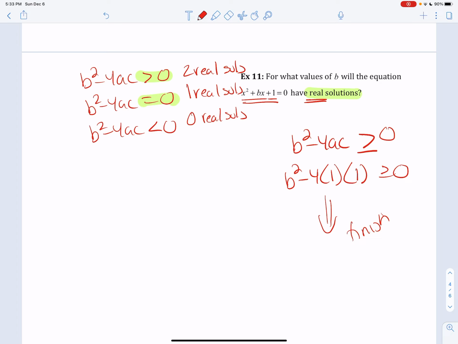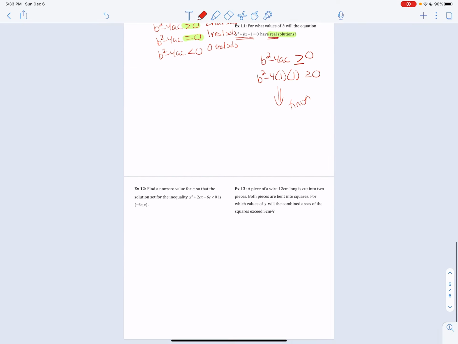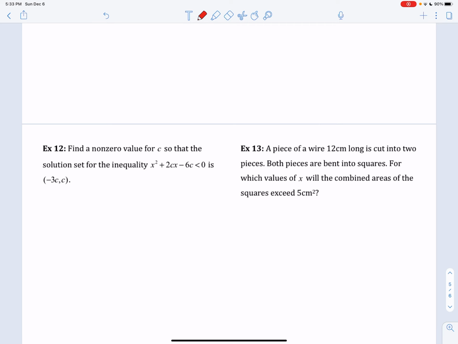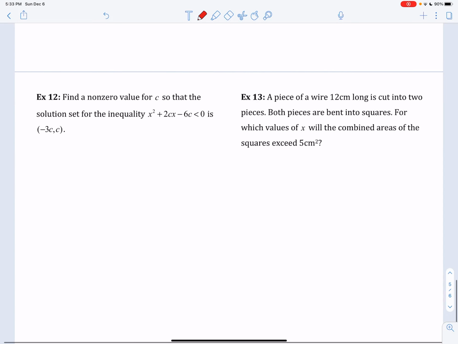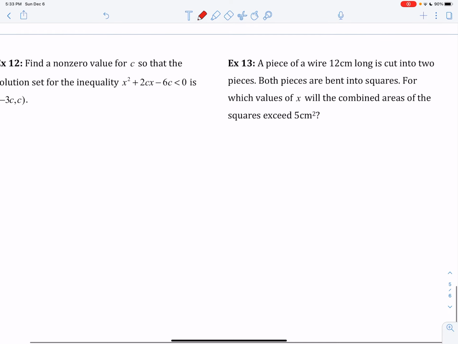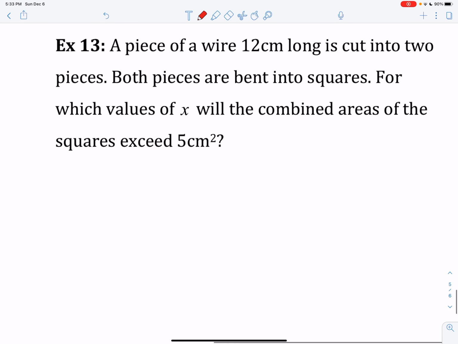Okay, let's jump over to 13, and we will set up 13. I'm going to let you play around with 12, which is similar to what we have been doing. Okay, on 13, let me move this over here.